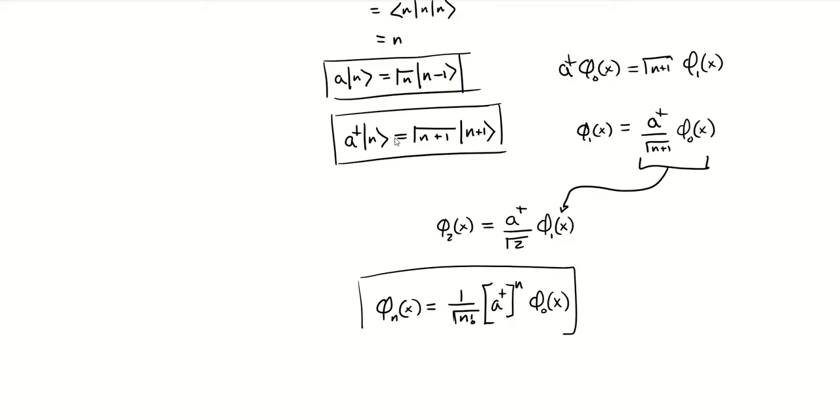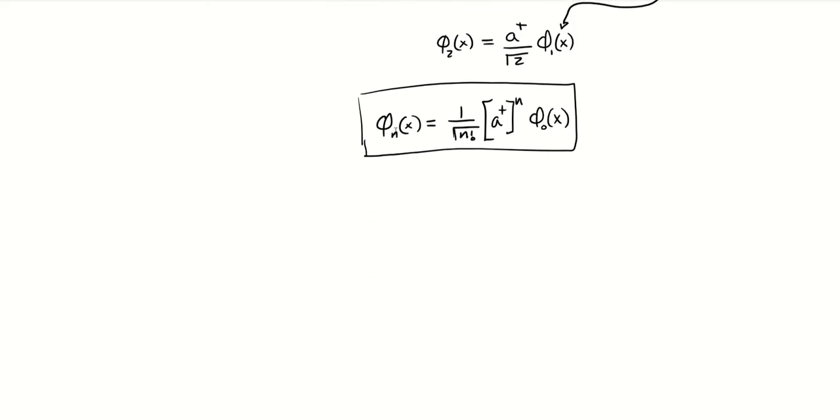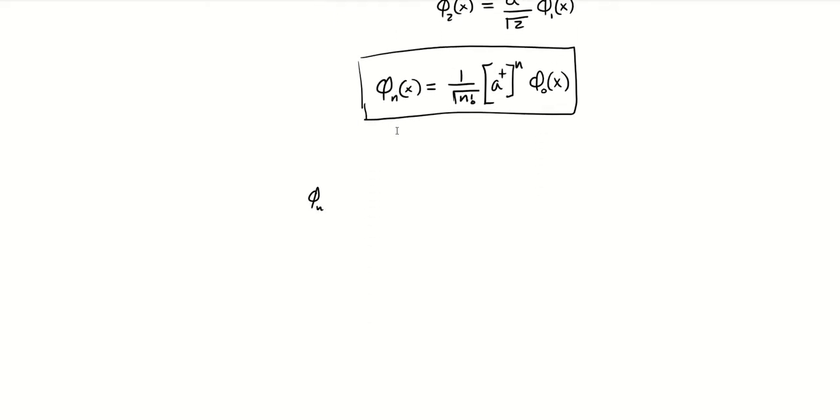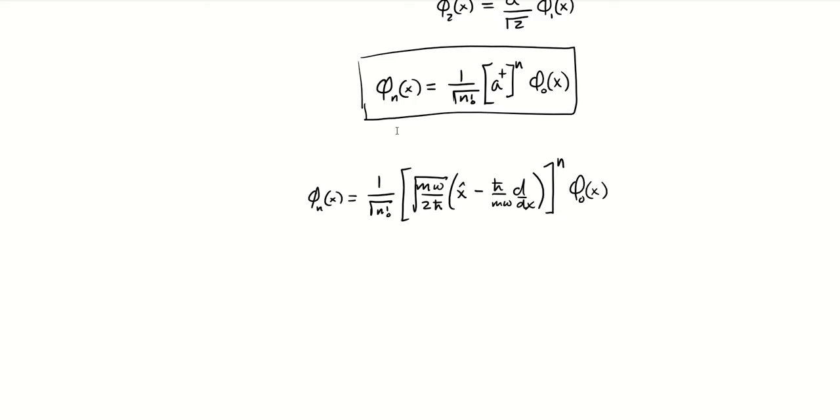So this gives us our general way of getting a general wave function, or we want to write it one more way in the position representation: 1 over square root n factorial times our raising operator, which is square root of m omega over 2 h bar times x hat minus h bar over m omega d dx, to the n times our ground state wave function. This actually should just be x.